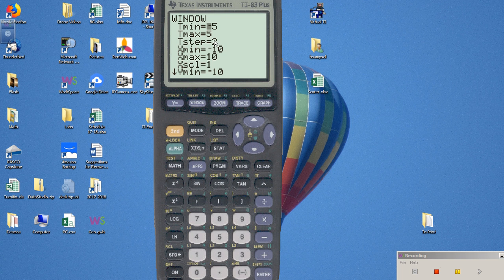So this t step value tells you how often to plug a number in to see where the coordinate is going to go. If I put it as 0.01, it's going to take a lot longer to graph. However, the graph is generally more accurate, because now it's plugging in every 0.01, 0.02, 0.03, and so on.